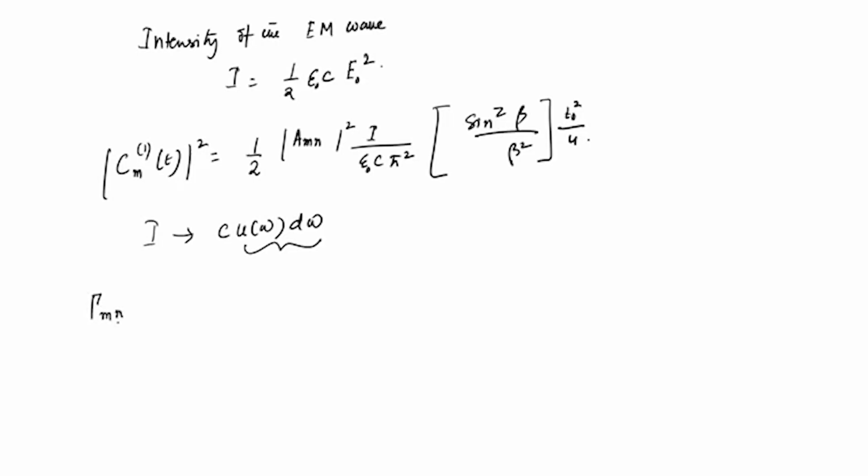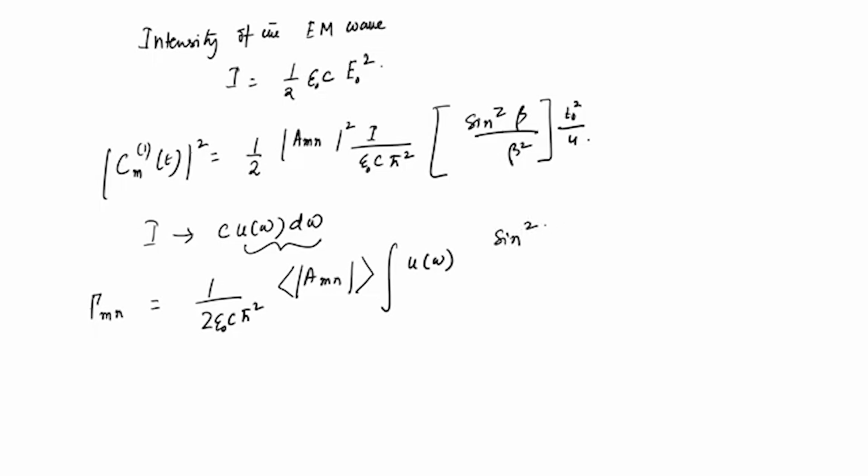Let's call it gamma mn. You can write it as 2 epsilon 0 c h cross square, and we have this A mn square, and it's actually an average, required to cover all available frequencies, so that you have this u omega and then this sine square.